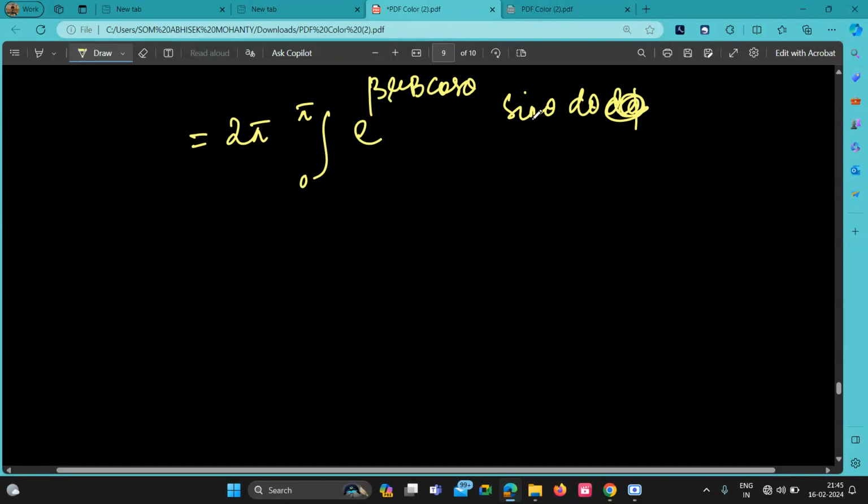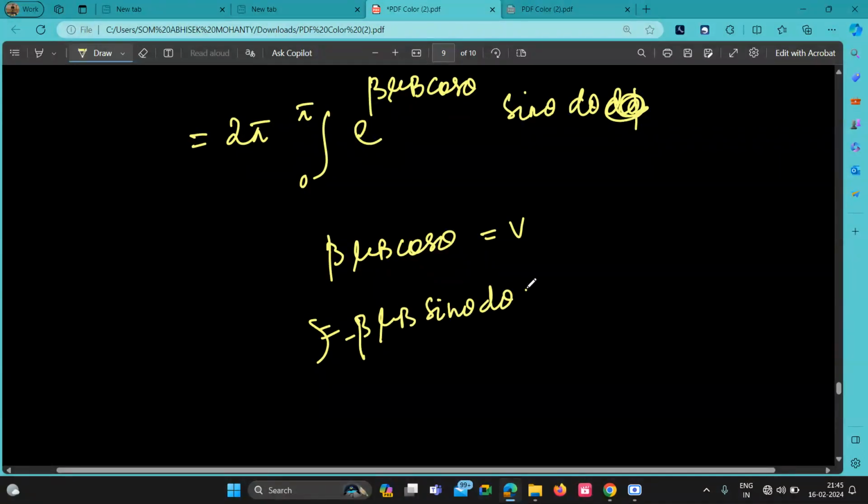Now see, I can take beta mu b cos theta as something, v. So here this derivative is what? Minus beta mu b sine theta d theta equals dv. So sine theta d theta is dv by minus beta mu b.